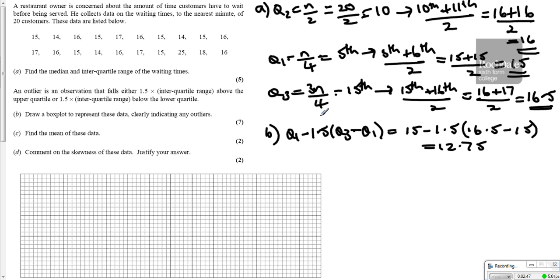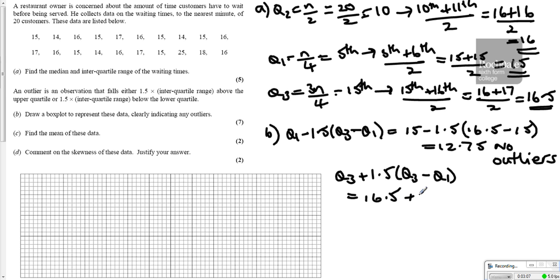Now, looking through the original data, there's nothing lower than 12.75. So there are no outliers at that lower end. If we now do the upper end, Q3 plus 1.5 times the interquartile range, we're going to get 16.5 for the upper quartile plus 1.5 times Q3 minus Q1.